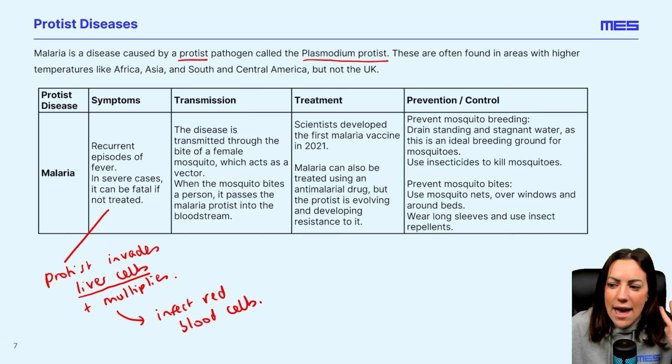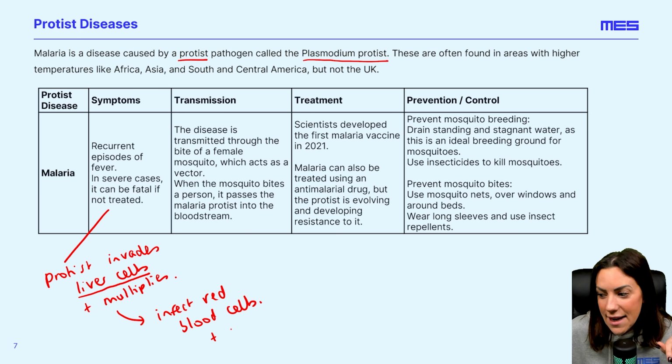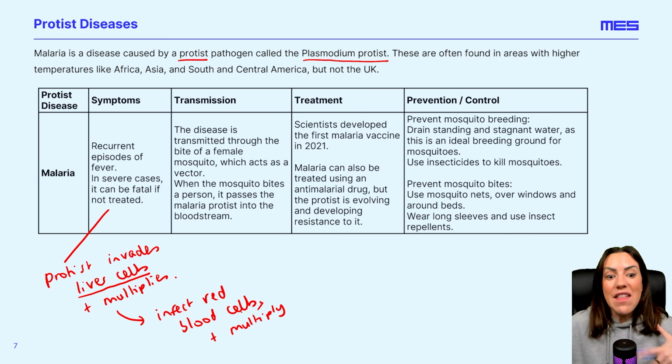Okay, so they're infecting liver cells, they're multiplying within those liver cells, then they're leaving the liver and entering the bloodstream where they're going to infect blood cells and again multiply or replicate, and then they burst the red blood cells.